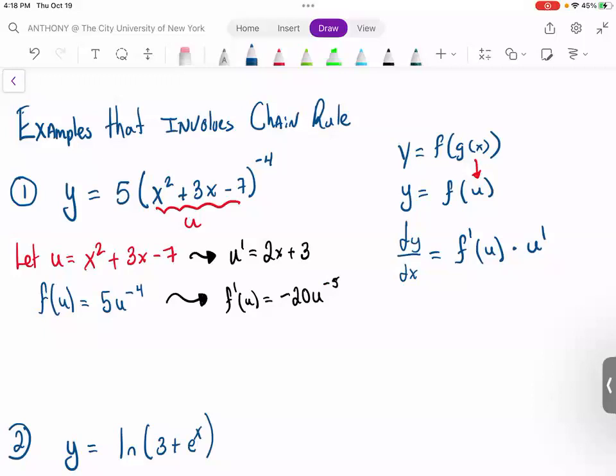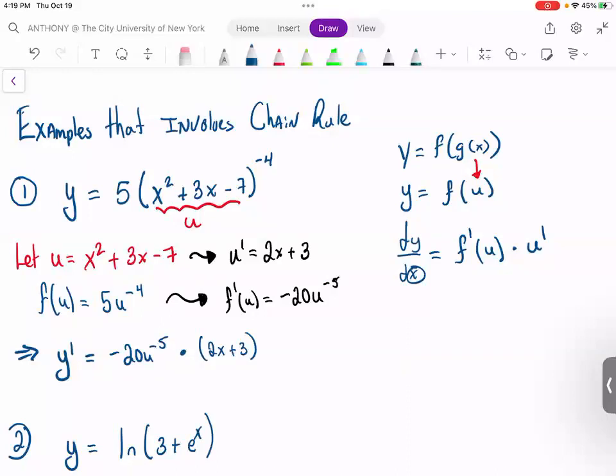All right, so you put this together. What we're going to have is y prime equals negative 20 u to the negative fifth power times u prime, which is 2x plus 3. All right, we're almost finished. When you're finding your derivative with respect to x, you have to make sure that your derivative is written in terms of x.